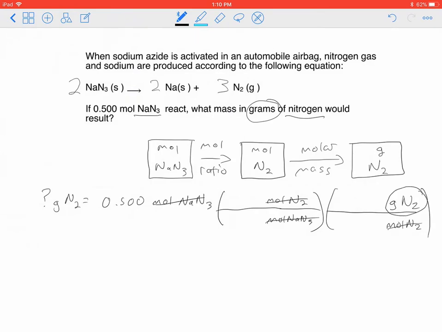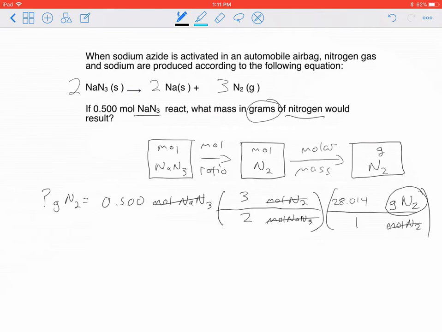As long as I get everything to work here, I should end up with mass in grams of nitrogen. First I'll fill in the numbers from my mole ratio: 3 moles N2 to 2 moles NaN3. And then 28.014 grams N2 to 1 mole N2, and again, I'm getting that from the periodic table.